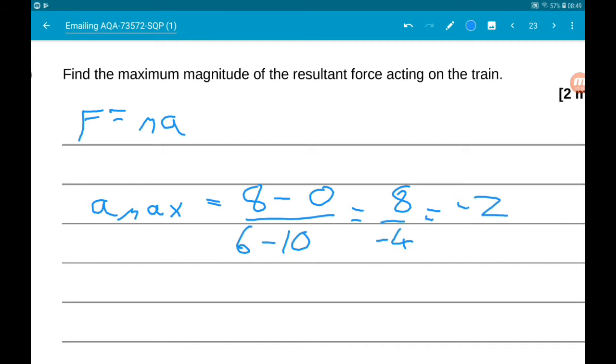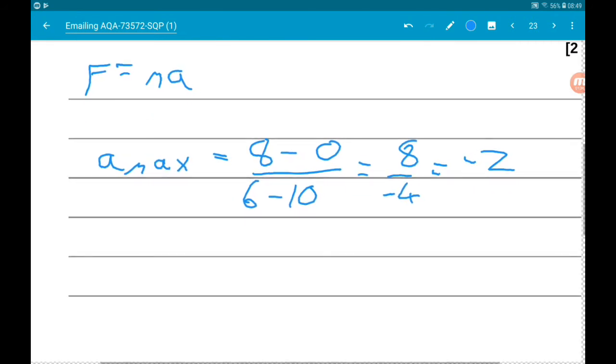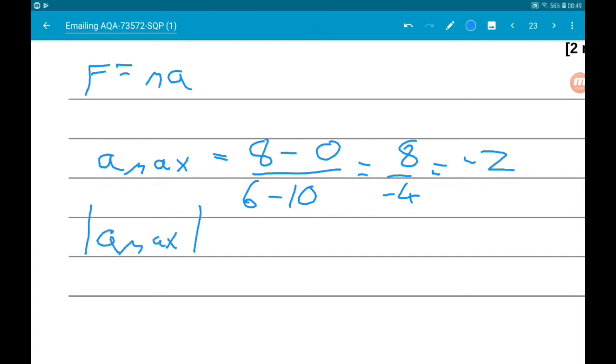Now the reason that is negative is because during that time the train is slowing down, so it's actually decelerating. But that still is a type of acceleration. So the absolute value is 2 meters per second squared.